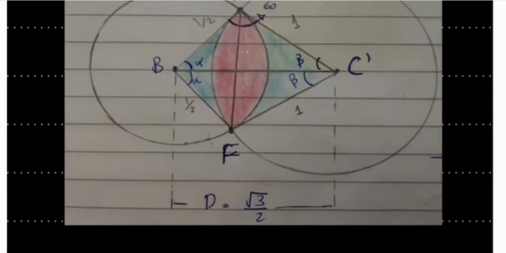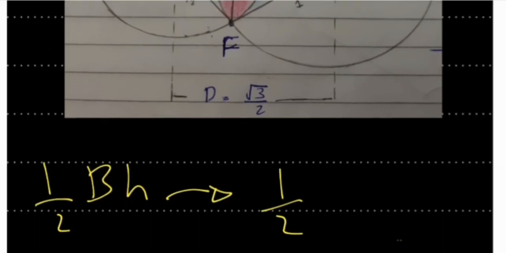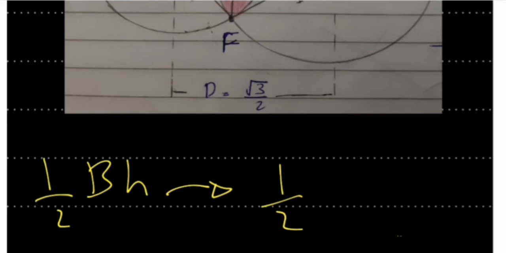There is another formula, which is going to be using these angles over here. It is easy to prove, okay? So half of AB multiplied by the sine of the angle.